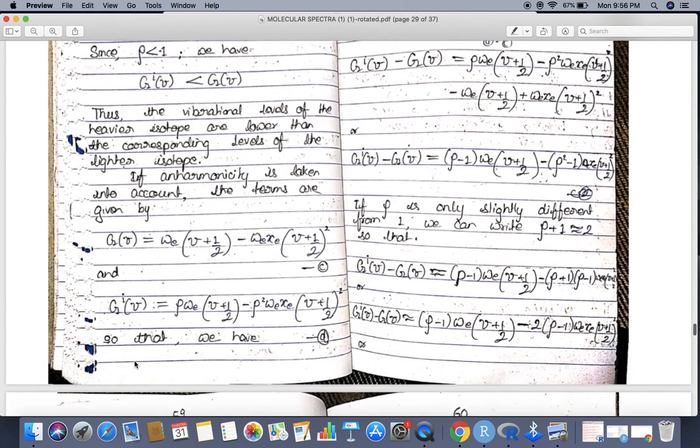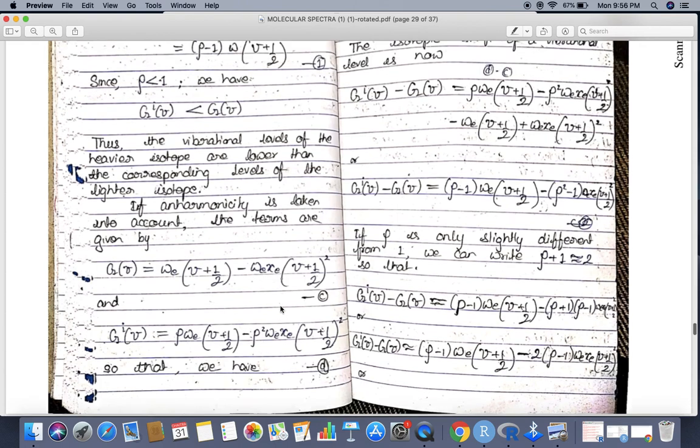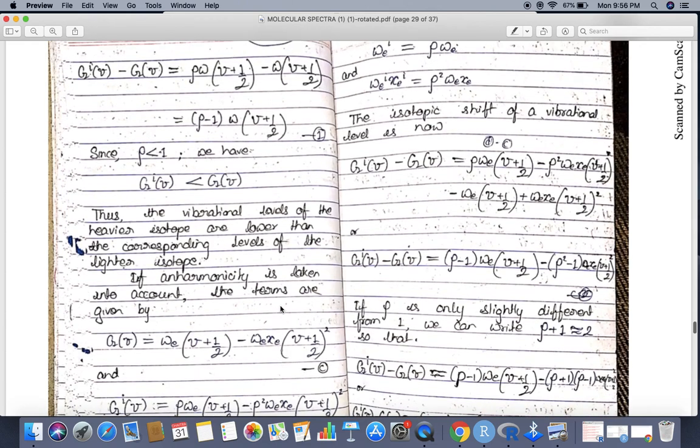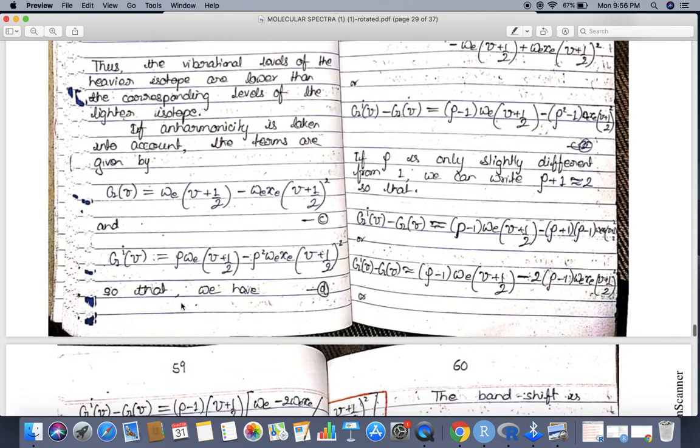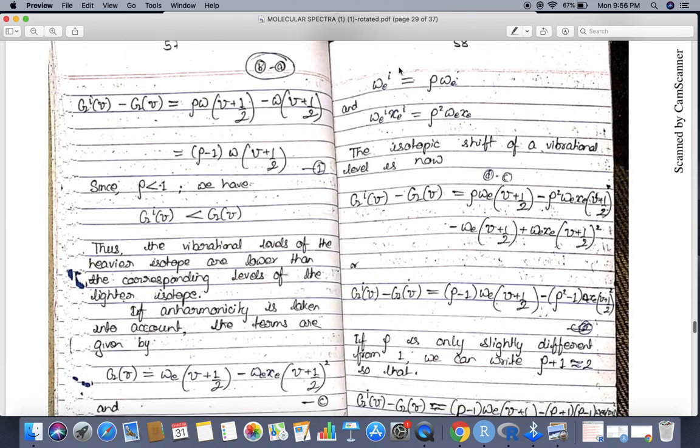And for the isotope, in place of ω_e you have ρω_e, and in place of ω_e x_e you have ρ²ω_e x_e simply. So for these two, normal and isotope, we have these two relations: ω_e^i = ρω_e, and ω_e^i x_e^i = ρ²ω_e x_e.